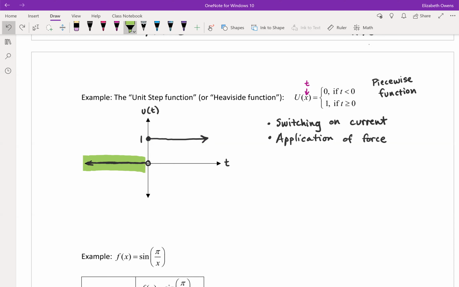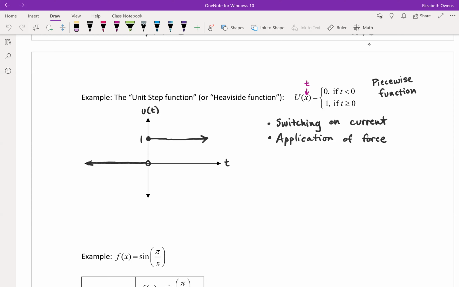So the overall idea of this function is that something has suddenly happened at this point in time that was not happening before. You go from nothing to something.